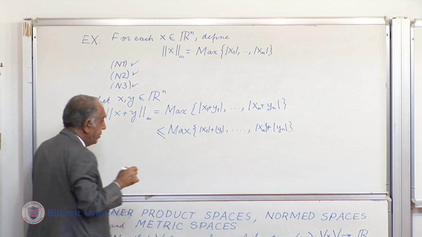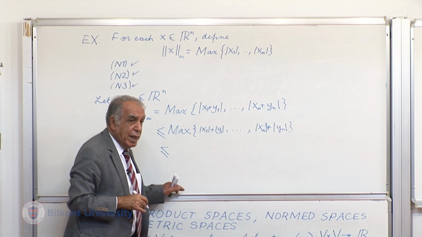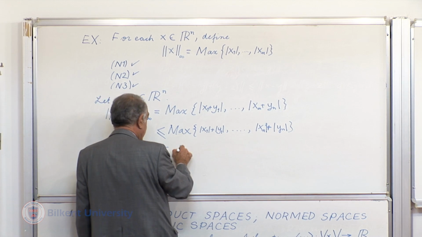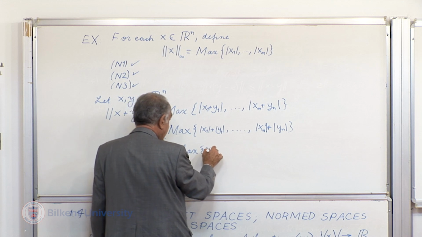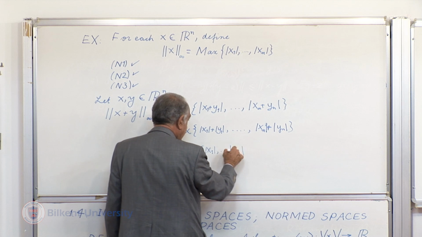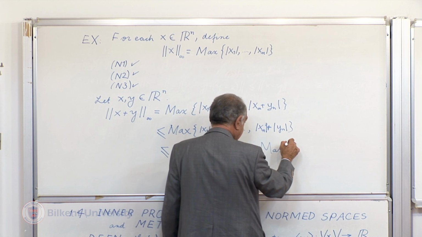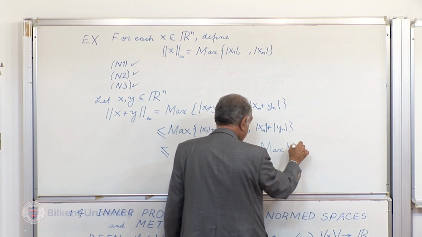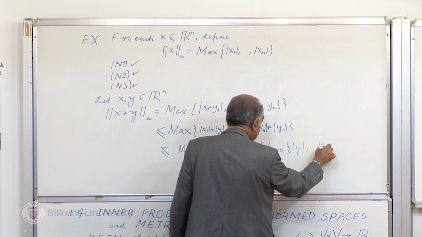But now, this clearly will be less than or equal to the maximum of the absolute values of x1 up to xn, plus the maximum of the absolute values of y1 up to yn.